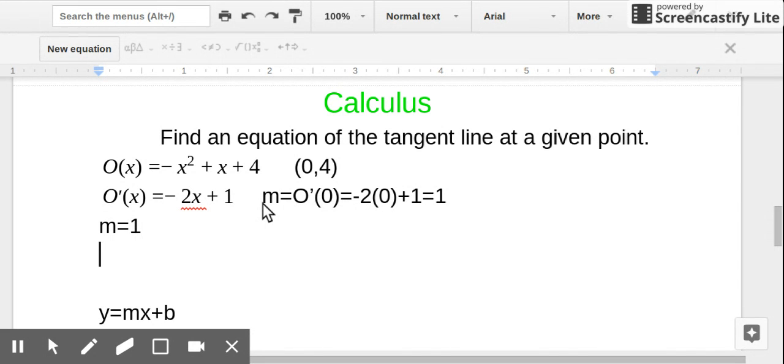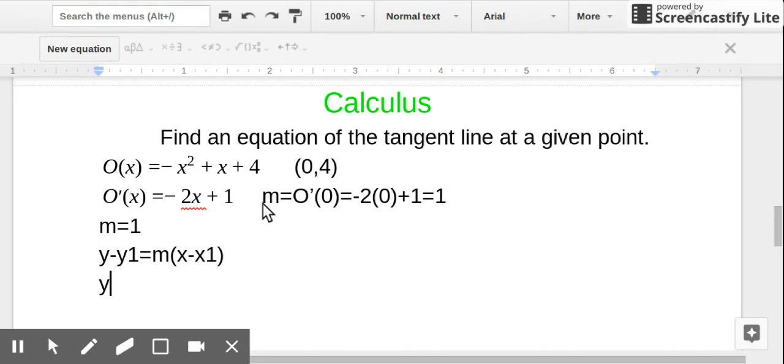And we're going to go ahead and plug it into that point slope form. So we said the slope was 1, x minus x of 1. This is what we're plugging it into here. I was just going to go ahead and write the form out.